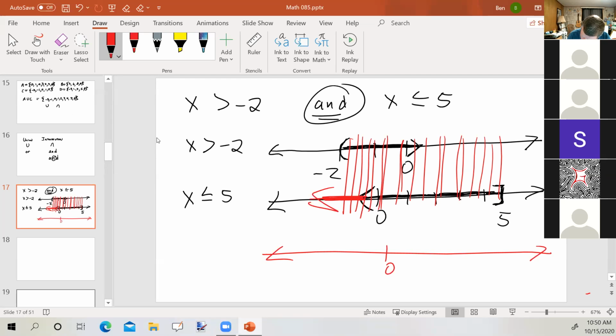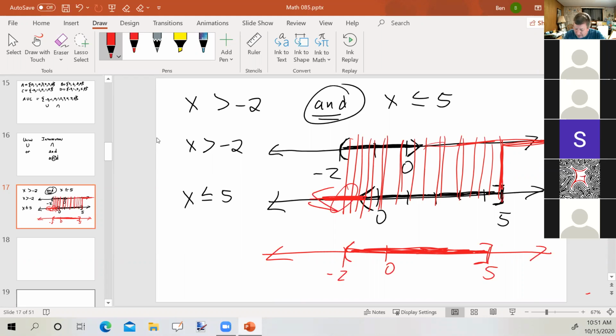Well, we would have a parenthesis at -2 and a bracket at 5. Now, why wouldn't there be a bracket at -2? Because they don't both have -2. The bottom one does, but the top one starts right after -2. They do both include 5, because this one on top goes on forever to the right and includes 5 on the bottom. So there's the graph of the solution.